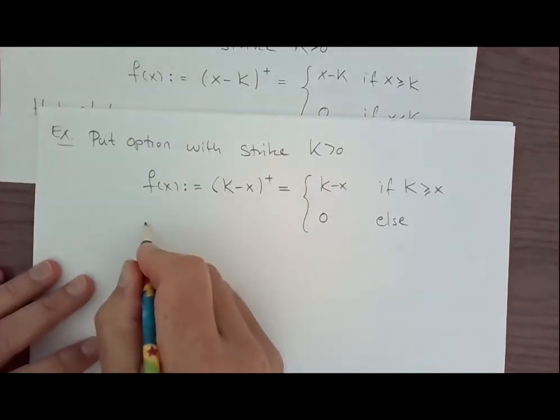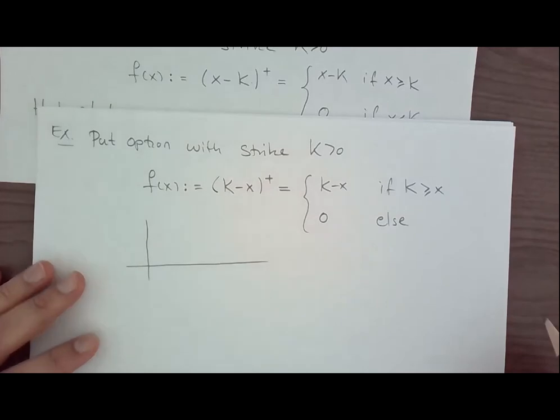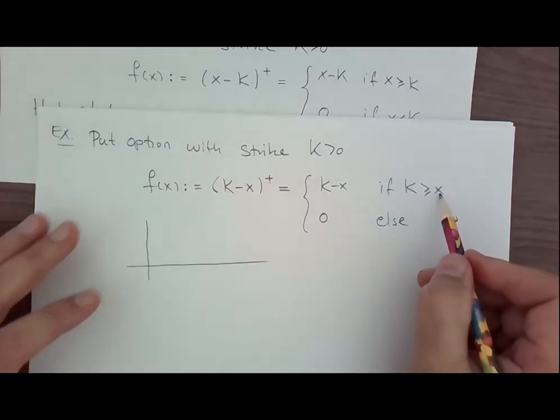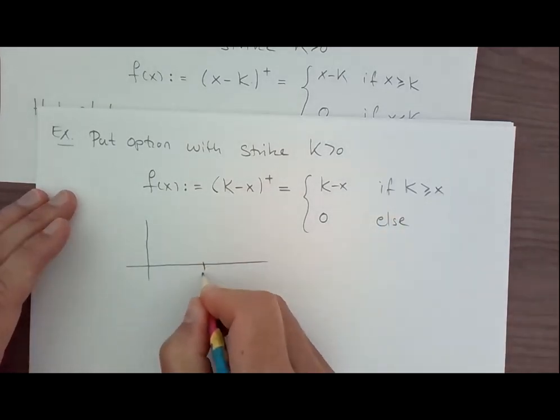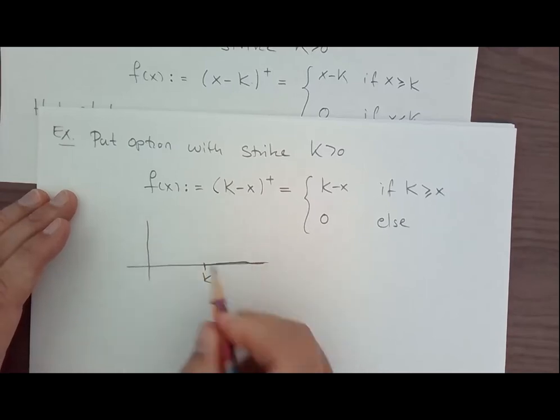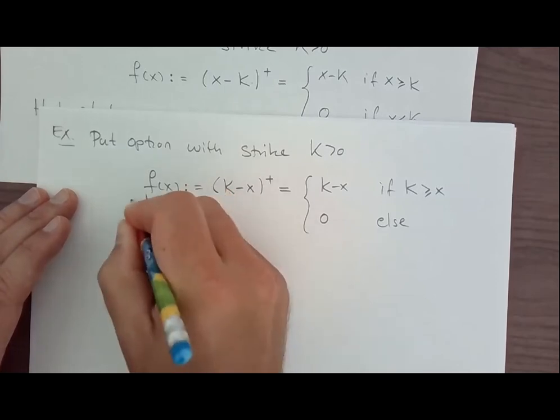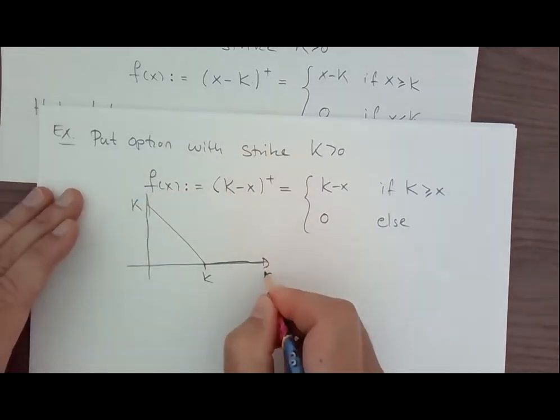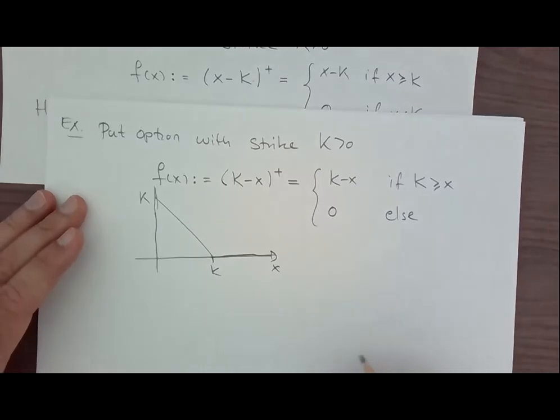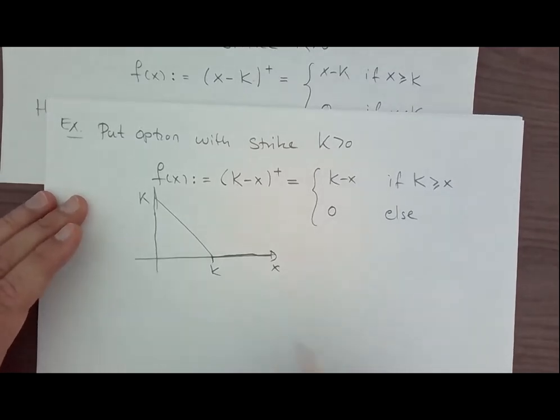As before, it's a hockey stick, but this time when X is big, you're going to get a 0. So here we have a K, and you're going to be 0 out here, and then you're going to be pointing up like this. So this is my X. So this is the put. This is the payoff of the put.